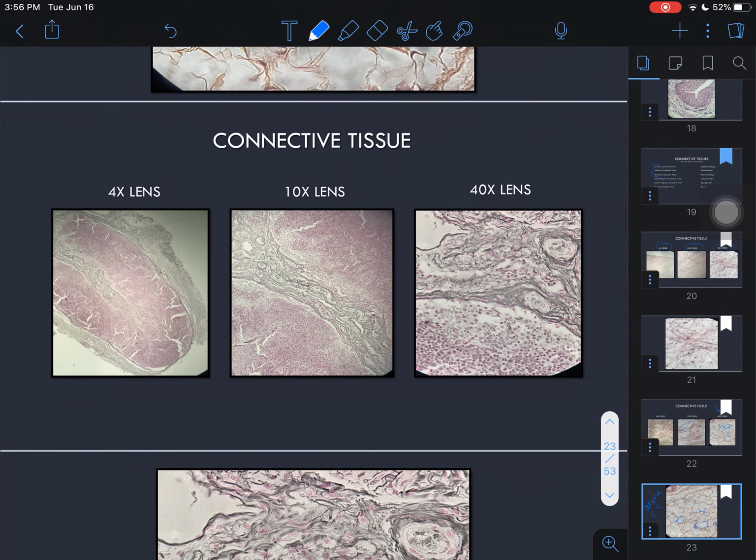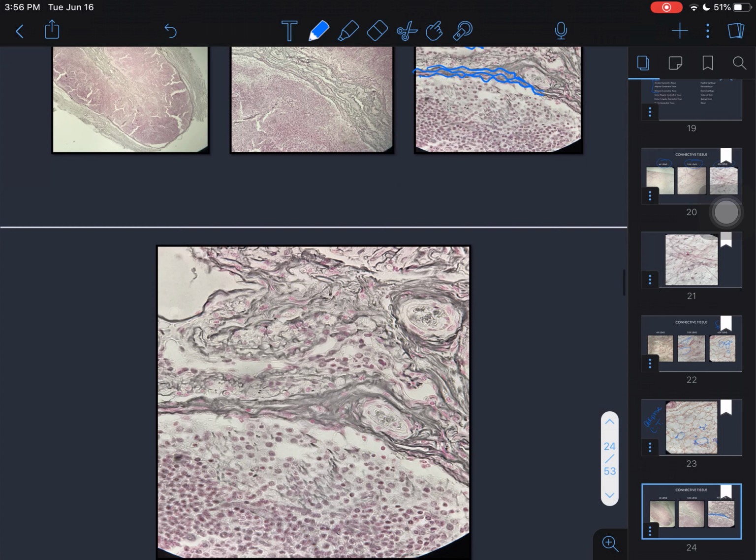And then we have reticular tissue. Reticular tissue isn't the whole thing, right? What we're looking for are these reticular fibers that hold the reticular tissue together, okay? All of these are reticular fibers. You'll see through there, right?